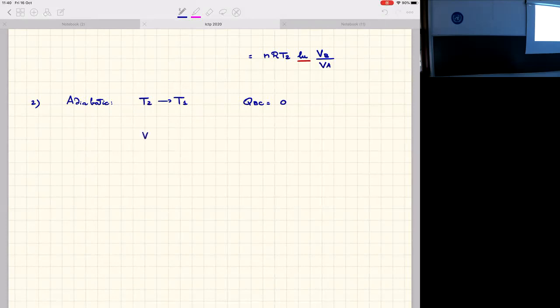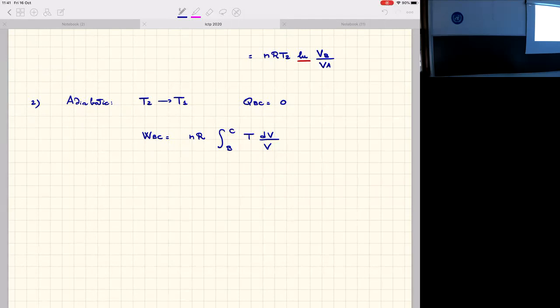Now, W_BC is equal to what? It is nR times the integral from B to C of T dV over V. I'm putting T inside the integral because T is not constant anymore, right? It's not like an isotherm.